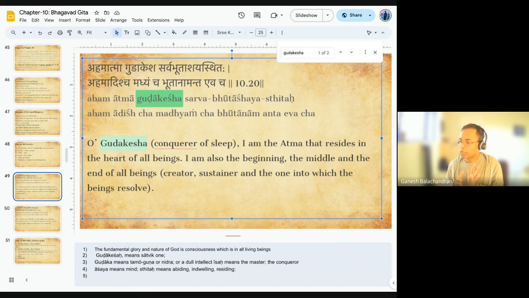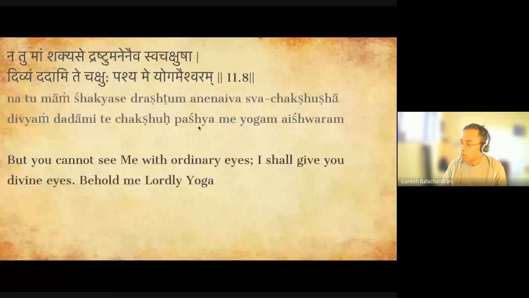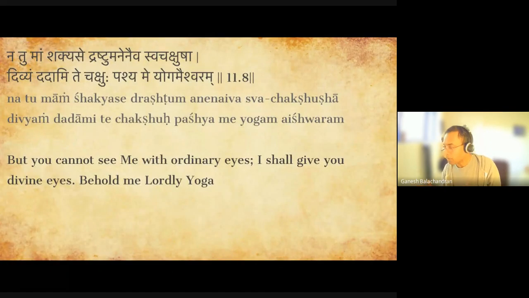But in this, Arjuna gets the title of Gudakesha because all the 18 days of the battle, he did not sleep. Okay. But this happens after the Bhagavad Gita.